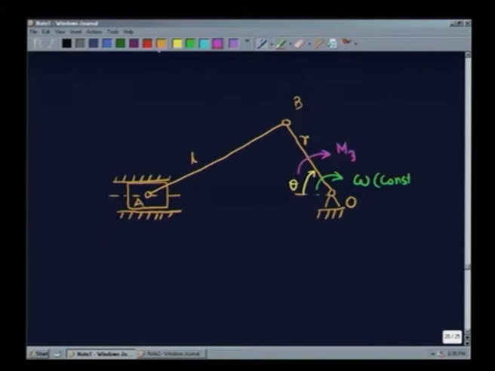Say we call this link link 2, this link 3 and this link 4. So, we should correct this to link M4.